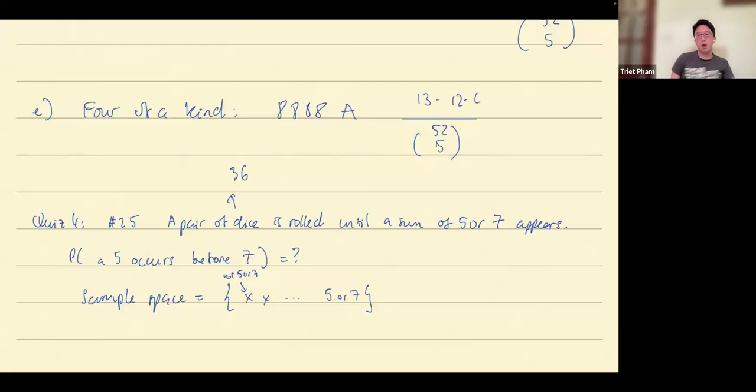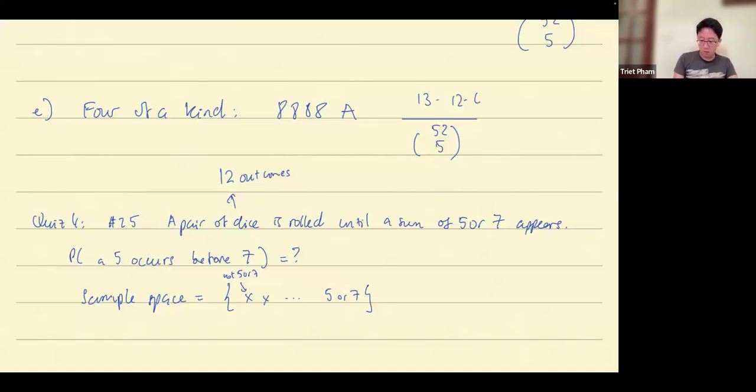Sorry, not 36, because you look at the sum, so 12 possible outcomes. But notice that if we look at them as 12 possible outcomes, these outcomes are not equally likely. A 5 is not the same as a 7 in terms of probability.